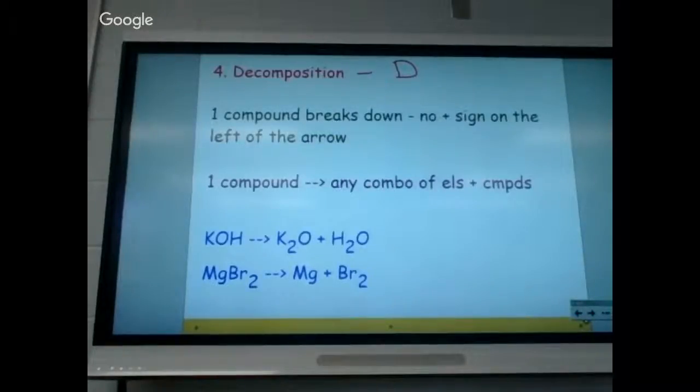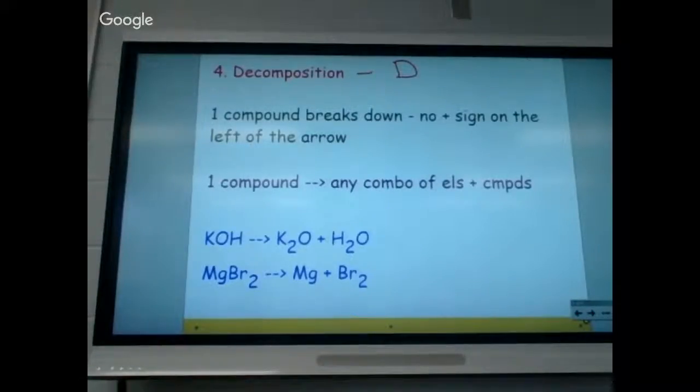So there's two equations there at the bottom in case people can't see that. But you'll notice that on the left side of the arrow, on the reactant side, there's no plus sign. Any compound element? Are we gonna have to balance these? No question, yes, you are.